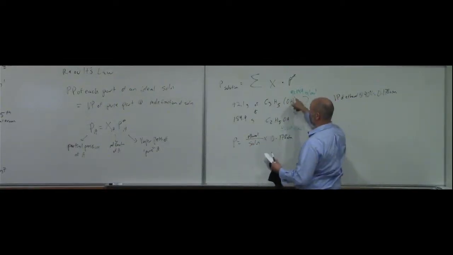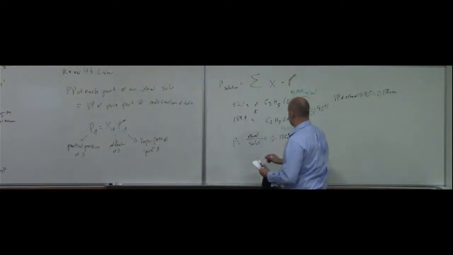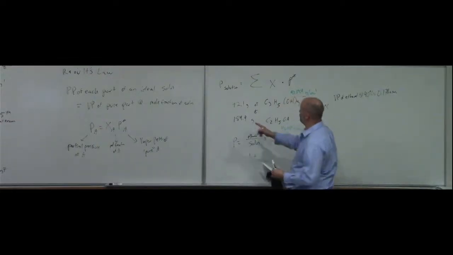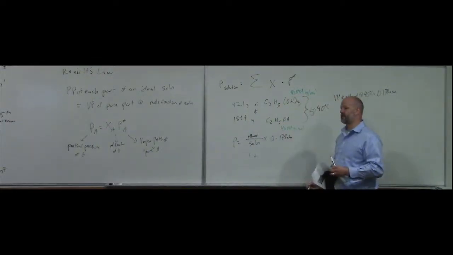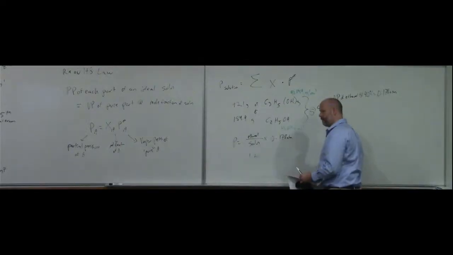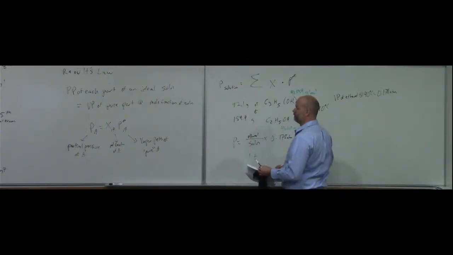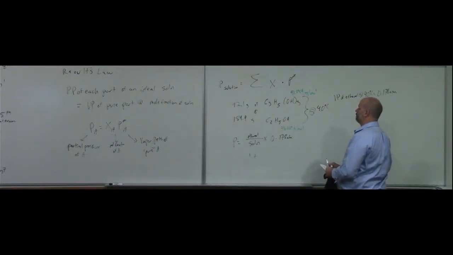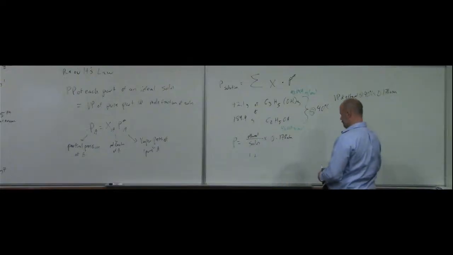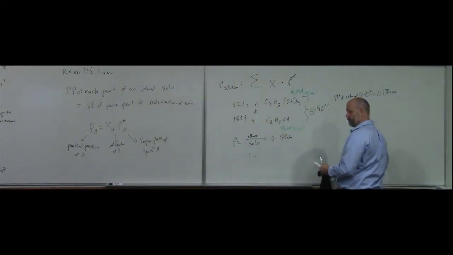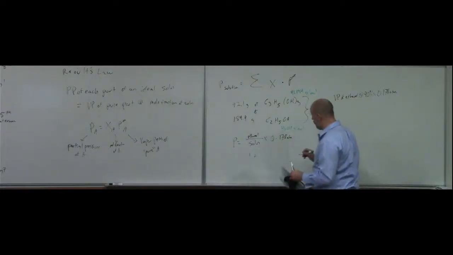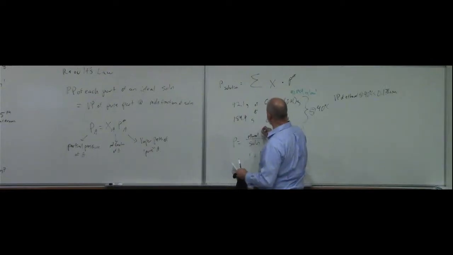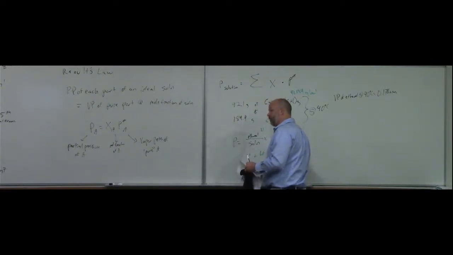So this one we know is just 1 mole, right? So when I think about this, I've got 1 mole of glycerol plus however many moles of this. So 184.4 divided by 46 equals 4. So this is my glycerol, this is my ethanol. I need ethanol divided by glycerol plus ethanol, right?